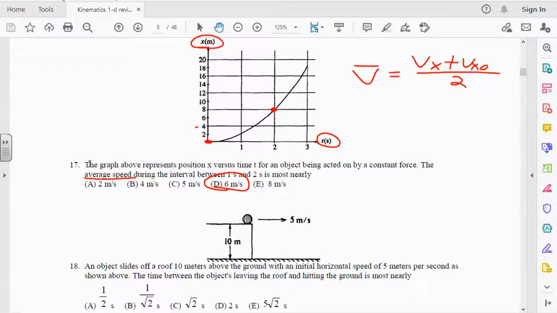But we can also find the average velocity using any of these values as long as we have two of them. We know from the beginning that the initial velocity is 0 because this slope is 0. So that means my initial velocity is going to be 0.